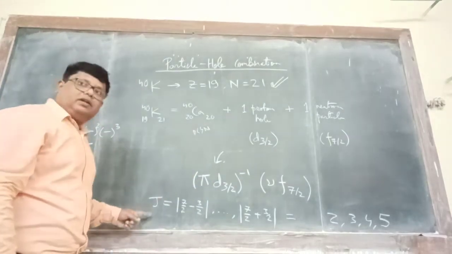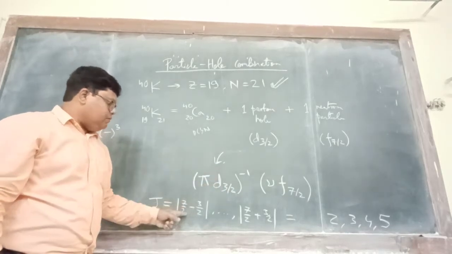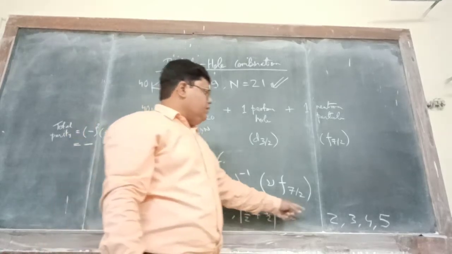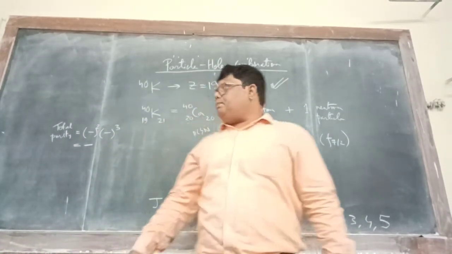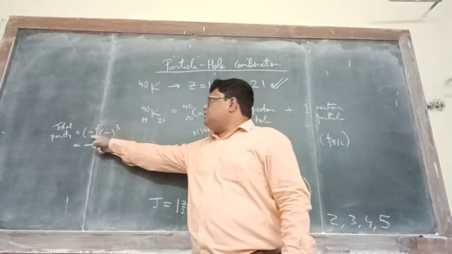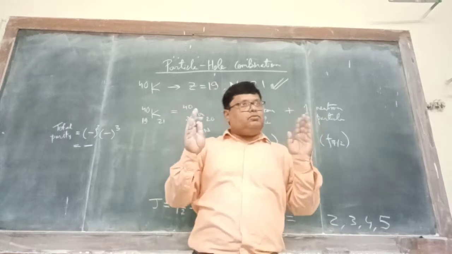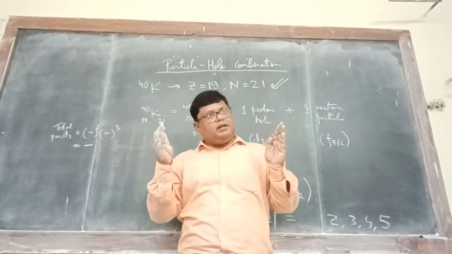Okay, so what's the total angular momentum? 7/2 minus 3/2 to 7/2 plus 3/2. You will get 5, 4, 3, 2. Okay, what's the parity? Parity is you multiply the two, proton hole and neutron particle. Parity is minus to the power L, right?